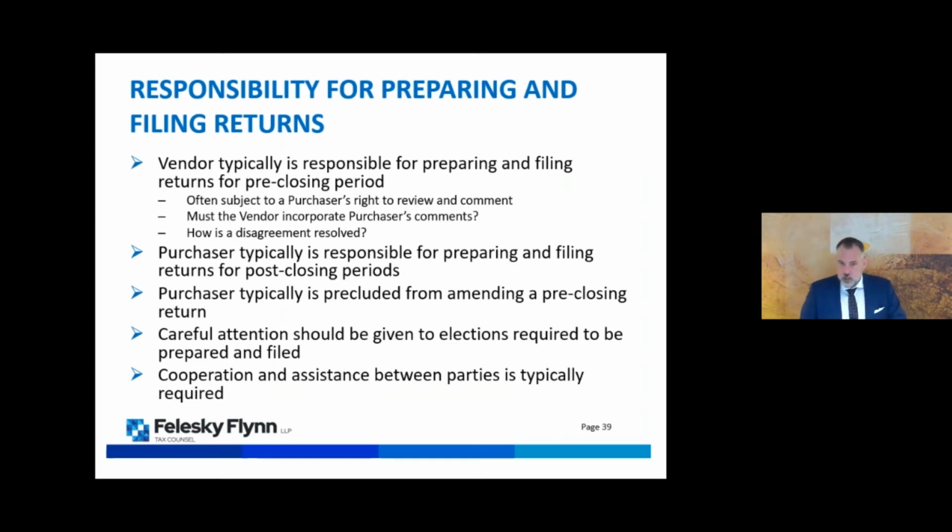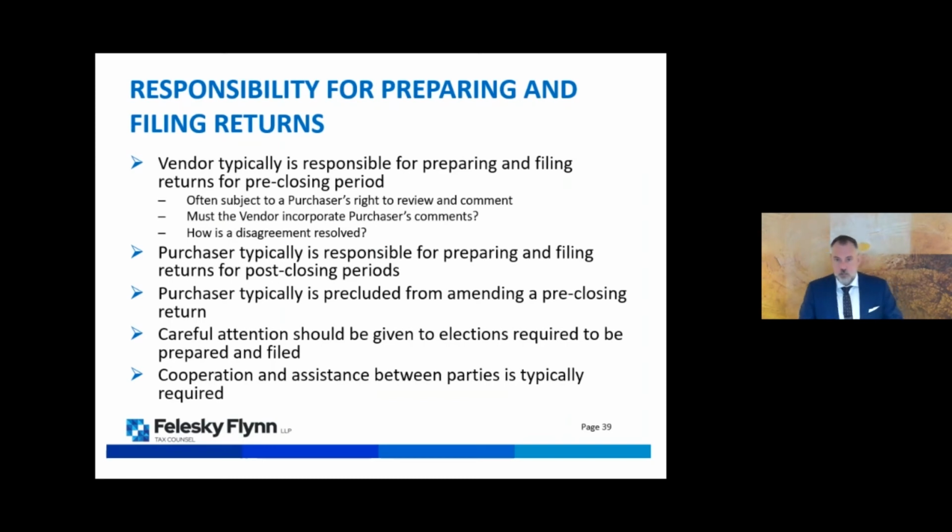So usually in an M&A transaction, there will be the vendor responsible for preparing and filing returns for the pre-closing period, and the purchaser responsible for preparing and filing returns for the post-closing period. But each of the purchaser and the vendor have some interest in those returns being prepared properly and accurately, and sometimes there's some decisions about what to include in those returns.